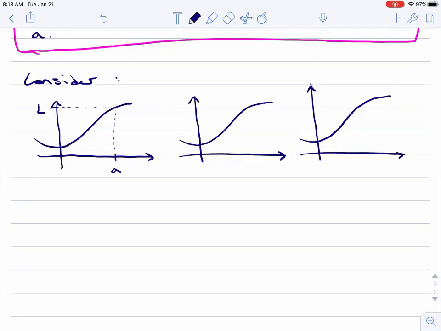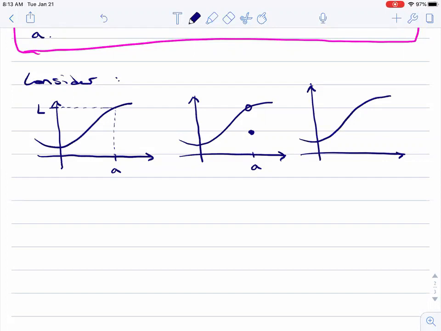Even if there's an open circle at a, and the actual value of the function is dropped down, because we don't care what it is at a, that's not the limit.